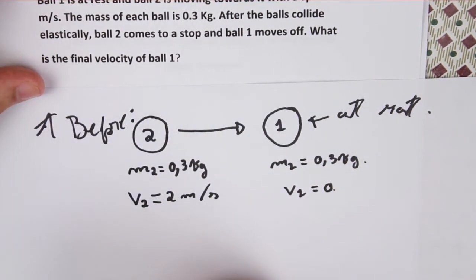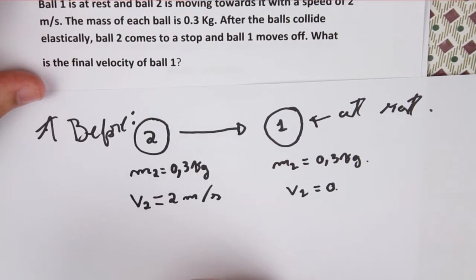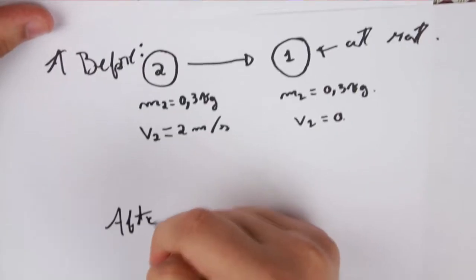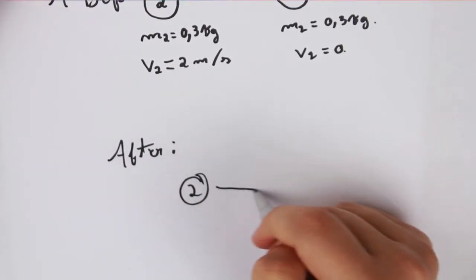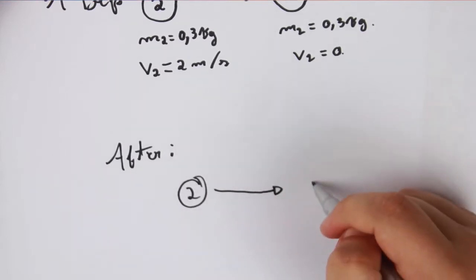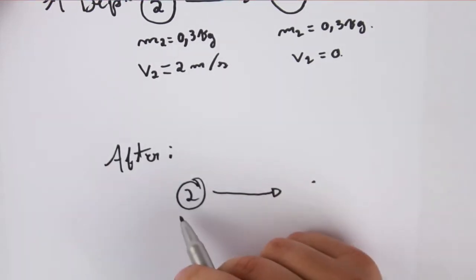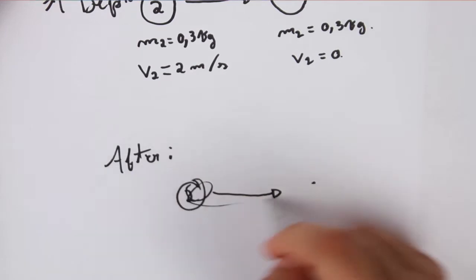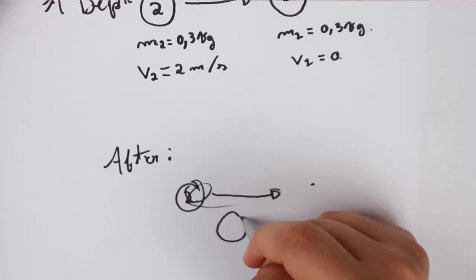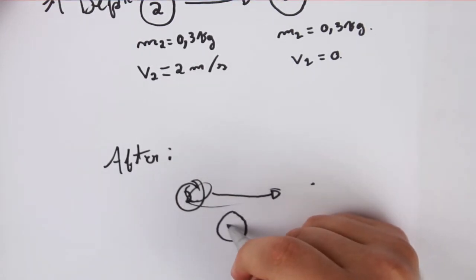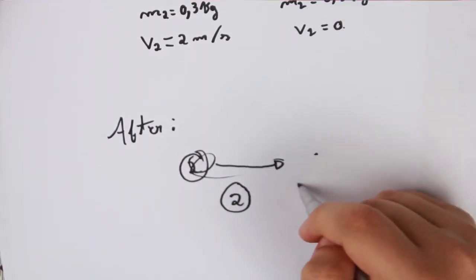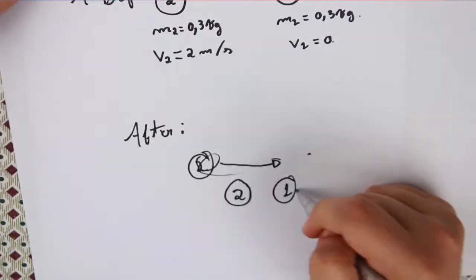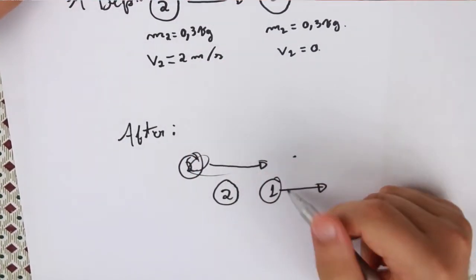Now let me draw a diagram after the collision. After, we have ball 2 going directly to ball 1. After the collision, we have ball 2 that stopped and ball 1 moving in the same direction.